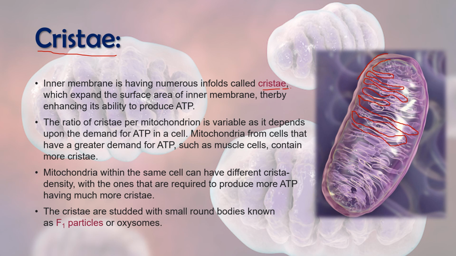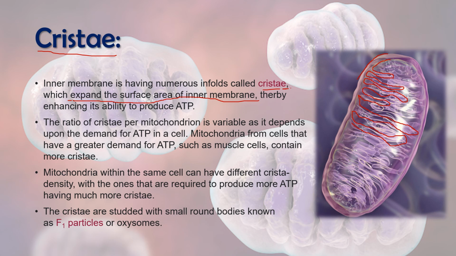Basically, it expands the surface area of the inner membrane. As we just discussed in the previous slide, the inner membrane contains 151 different types of proteins that have different and specific functions. For enhancing these functions, the surface area has to be increased. So the inner membrane has lots of infolds, which are known as cristae.